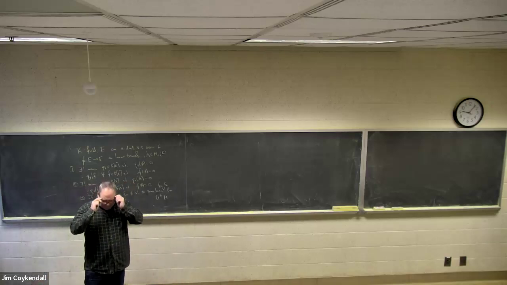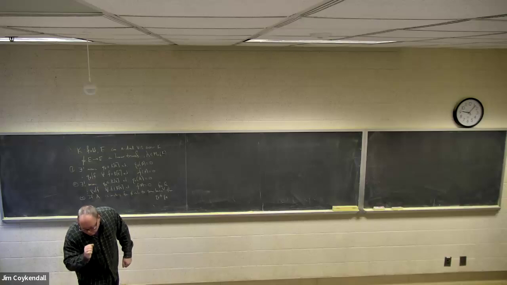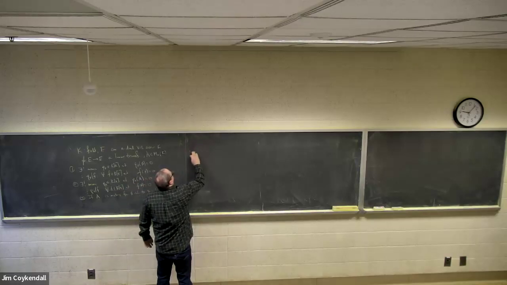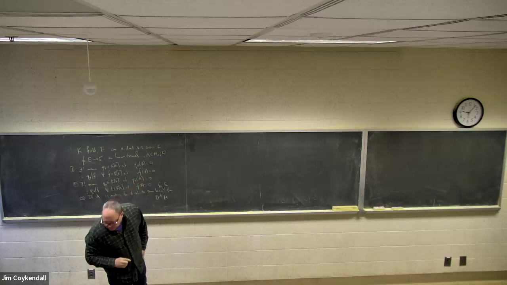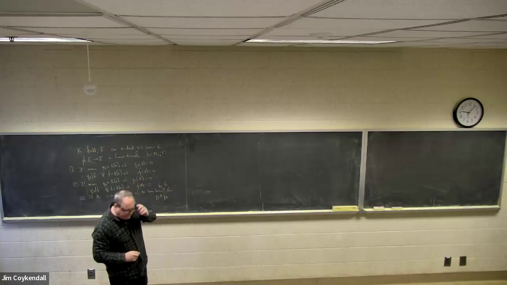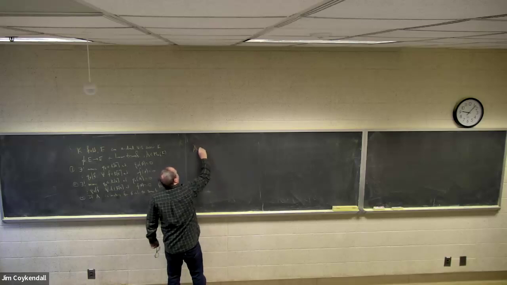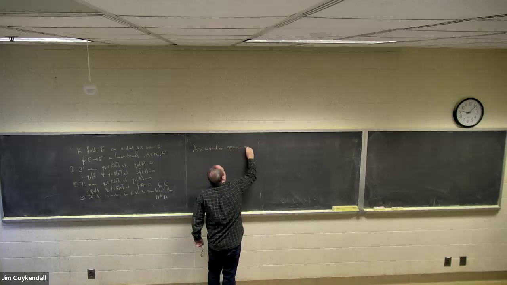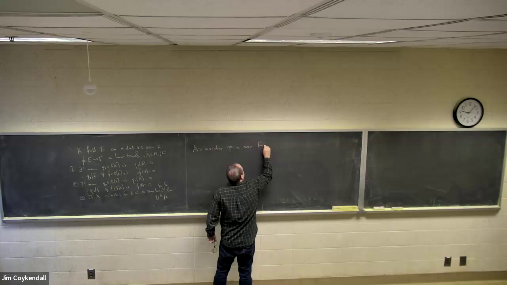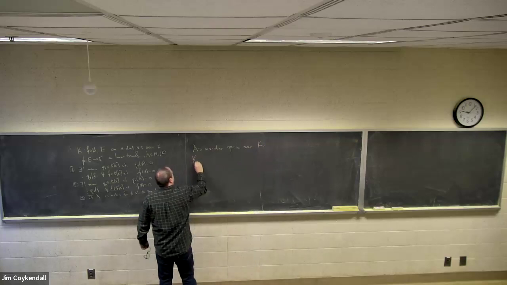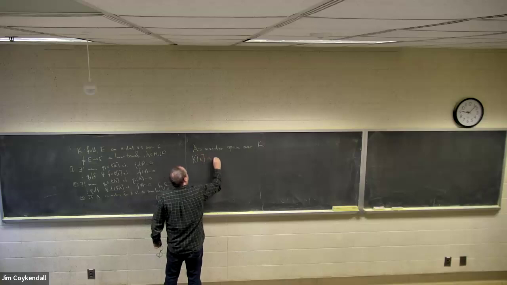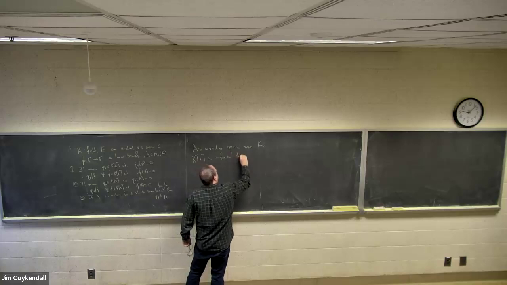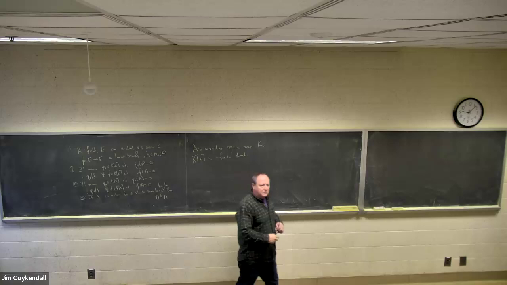Okay, so let's point out why this is true, and then see what this is all about. Let's first remark that as a vector space over K, K[x] is infinite dimensional. I think we can all agree with that.